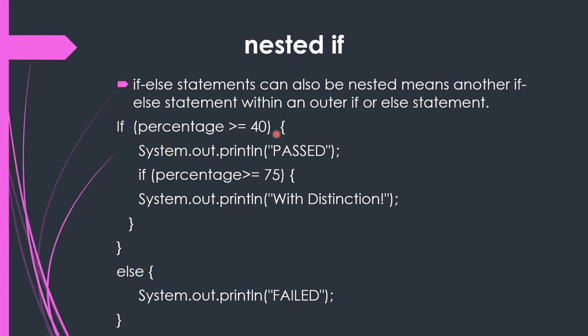And when we use the nested if, we will provide another condition because we are using another if else statement. Here the other condition is given and its statement is also given. So this is the example of nested if.